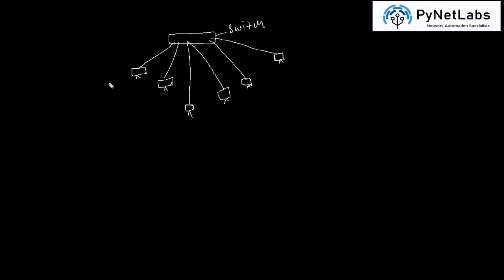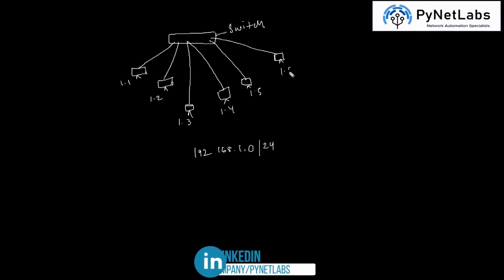Now, if I tell you that these PCs are configured with a network of 192.168.1.0/24 and they have the IPs 1.1, 1.2, 1.3, 1.4, similarly 1.5 and 1.6.